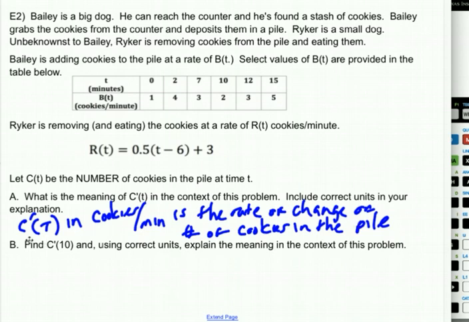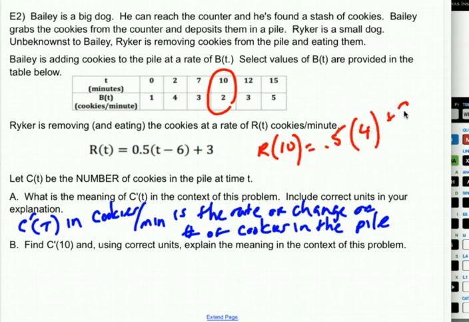All right, so find C prime of 10 and explain the meaning in the context of this problem. So Bailey is adding 2 cookies to the pile at 10. Riker at time 10 is, let's see, eating 5 cookies per minute.